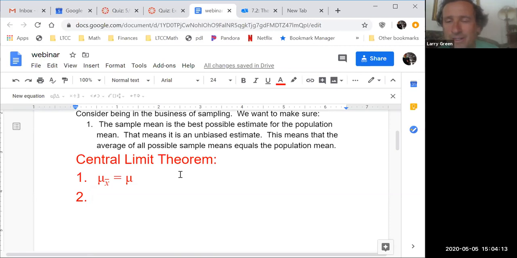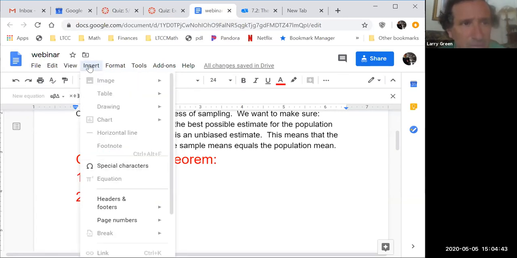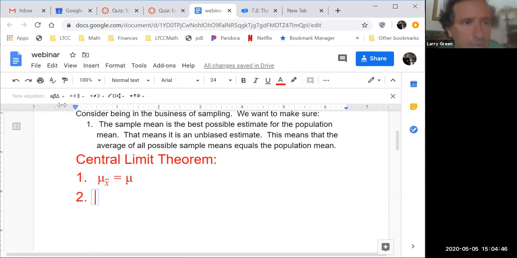Two words I'm looking for that always go together, kind of two of the most important words of this whole course. Standard deviation. So the standard deviation of all possible sample means is going to be sigma sub x bar.